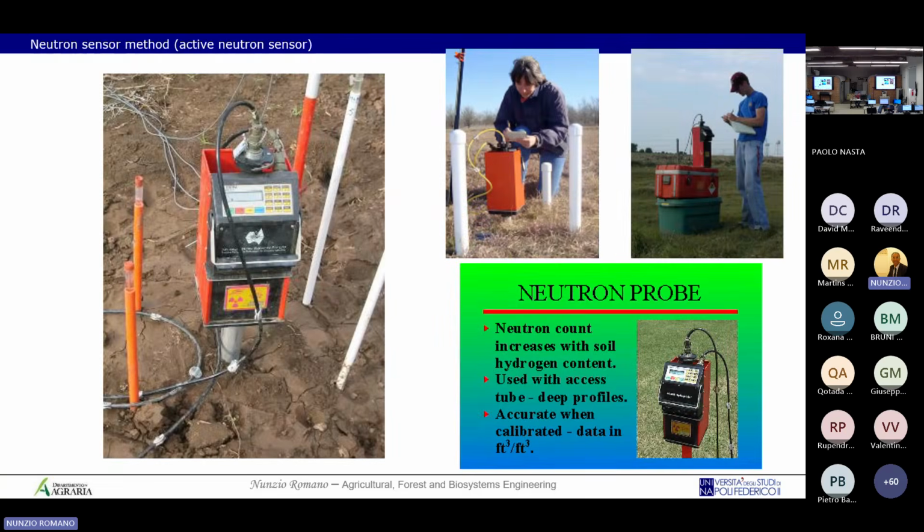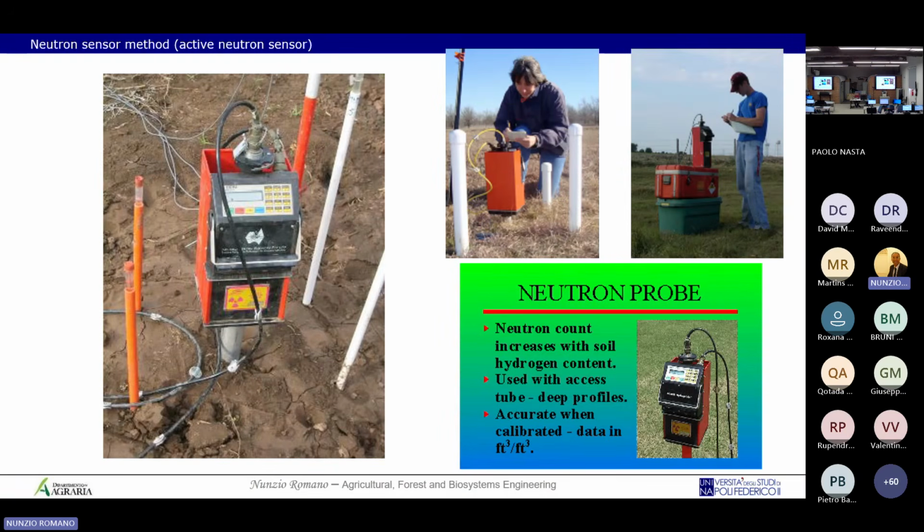And this is the neutron probe in the field, and we made the counting with the neutron probe. Of course, there are some nuclear risks when using this, because there is some radiation emission.